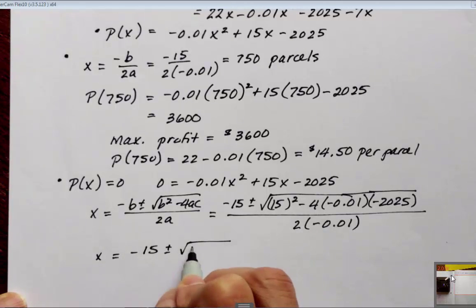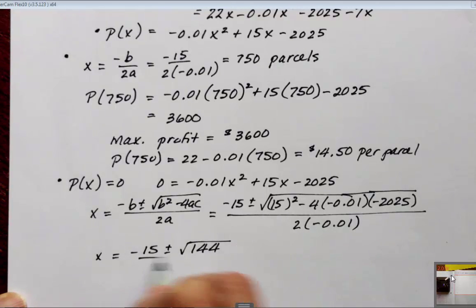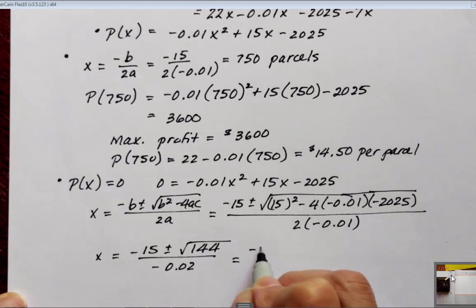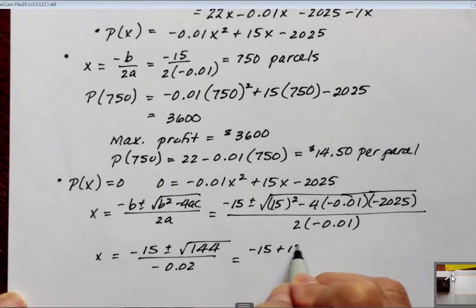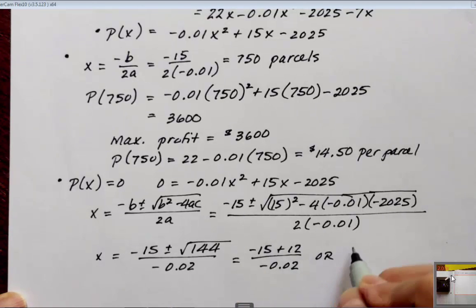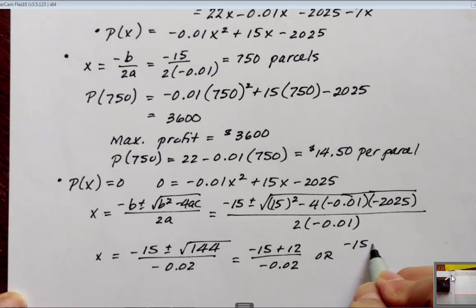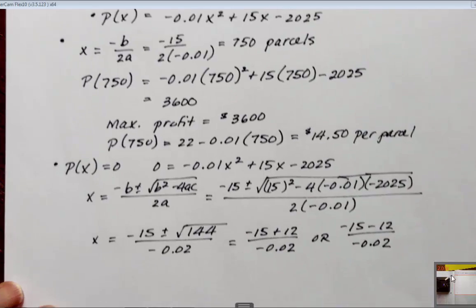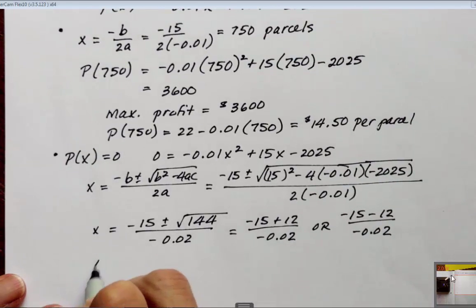Simplifying, this gives me the square root of 144 over negative 0.02. So I either have negative 15 plus 12 over negative 0.02, or negative 15 minus 12 over negative 0.02. So that's going to give me two different values for x.